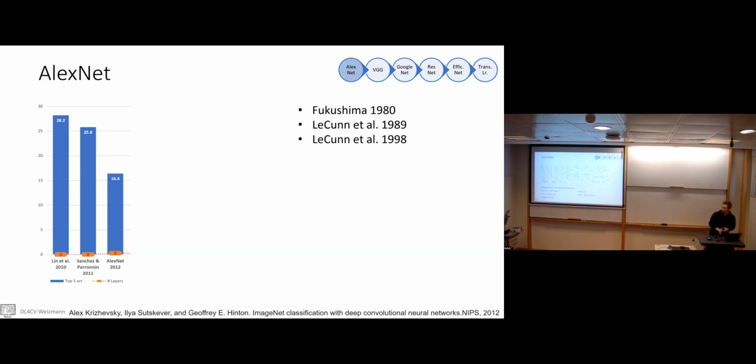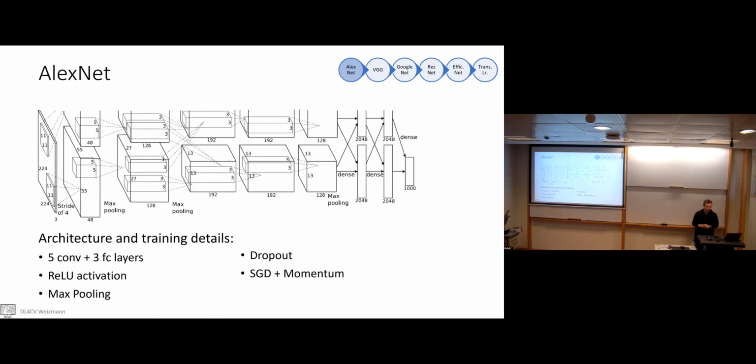So let's see what is the architecture of AlexNet. And it actually resembles the modern architectures as well. So first of all, the input is an image of size 224 by 224, a rectangular image with 3 channels. And then it's followed by 5 convolutional layers.